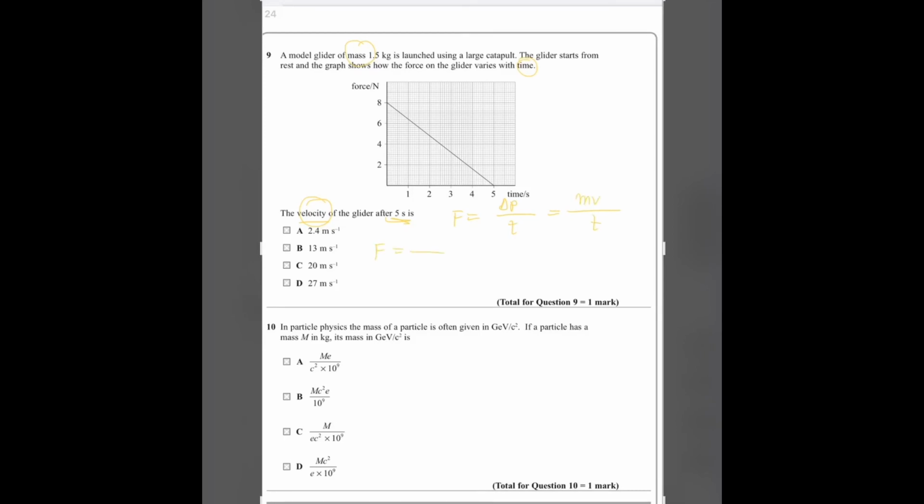So if force equals mv by time, force into t actually becomes mv. So when we have force into time, force is this, time is this. So putting the values in the equation, 8 into 5 equals mass, 1.5, into v. So the velocity would be 8 into 5 divided by 1.5. From calculator, the answer is 13 meters per second. So the answer is B.